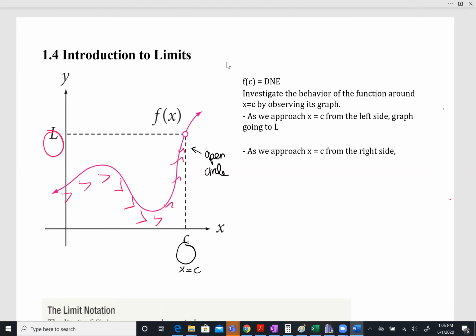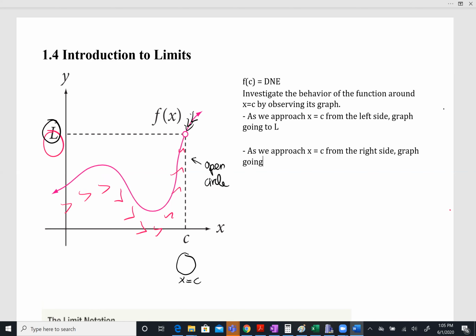If I go from the right hand side of the graph, it's going down and trying to reach L when x approaches c. Okay, so again, it's also going to L. So the graph is going to L. Okay.